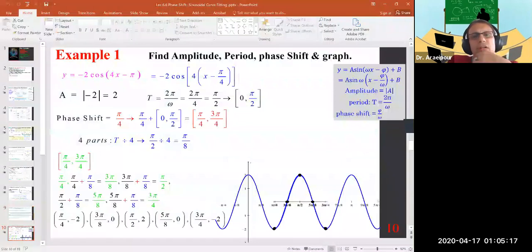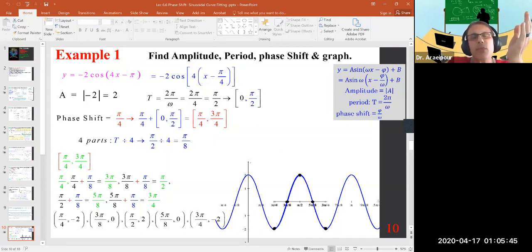The very first thing we did here, we found the period, okay, the amplitude, and the period, also we find the phase shift, and the period, which is pi over 2, tells us if there was no phase shift, we would go from 0 to pi over 2.